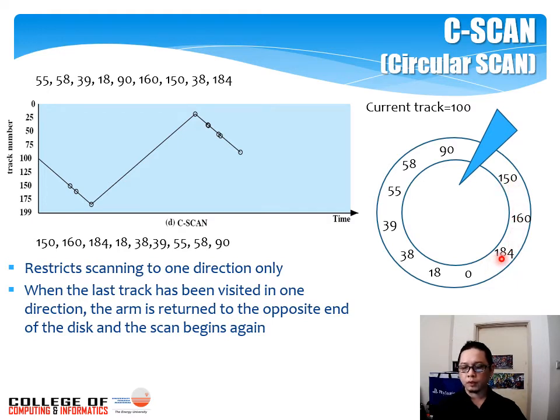Now compared to previously, now it will go straight to track 18, 38, 39, 55, 58, and 90. So it moves in one direction only. Okay, compared to the scan, it will move to the end of the track, then go back. Now C-scan moves in one circular direction only.